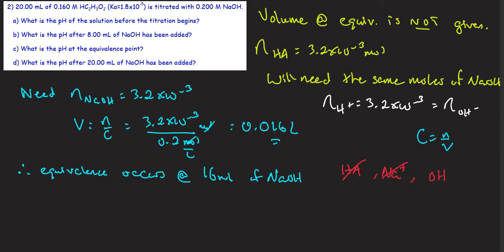We used 16 mL of base, but this is completely neutralized, so we have no more hydroxide left. So the only ion really present here is the conjugate base, your acetate. And don't forget, this exists in water.